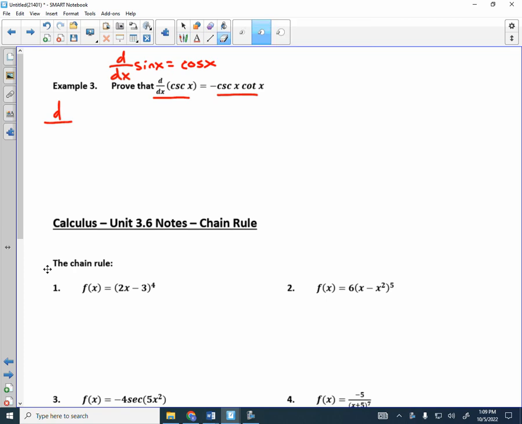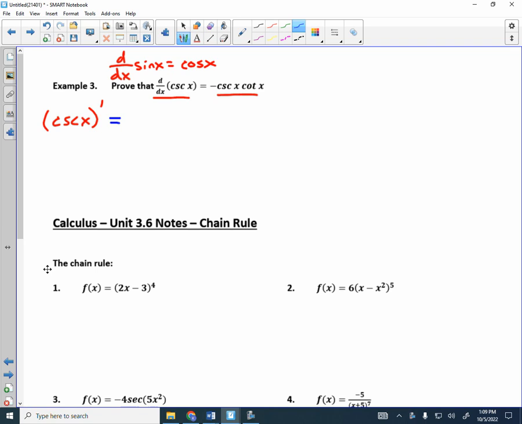So I'm going to take the derivative of cosecant of x. That's what I start out with, and I want to end with the other thing in red. In my transition, I will do the blue things. Well, I don't know anything about cosecant, but I do know something about sine.